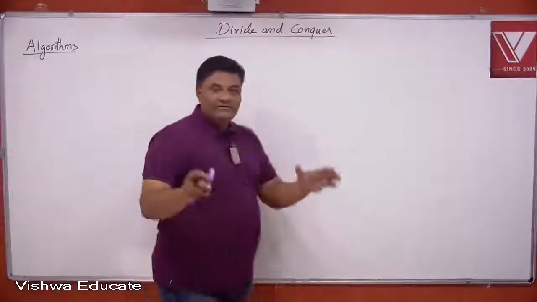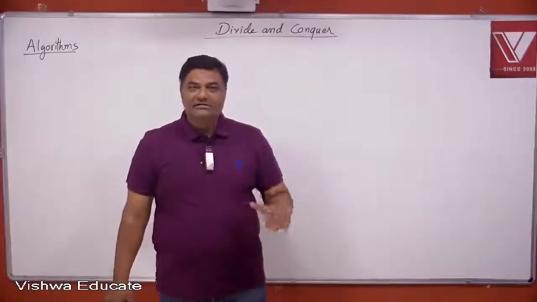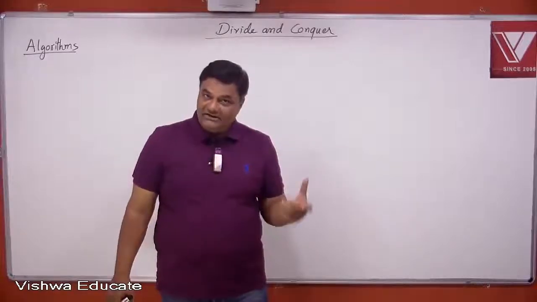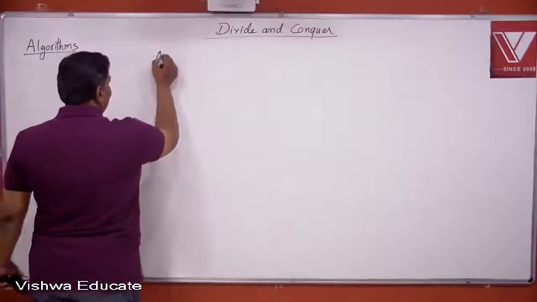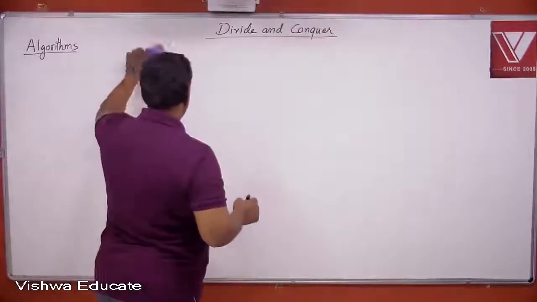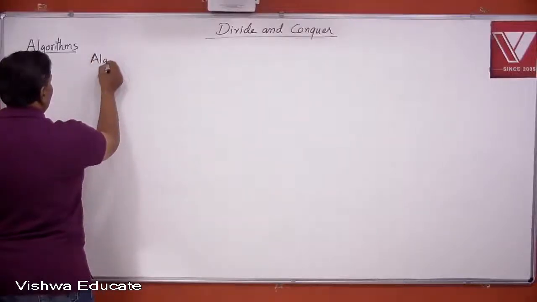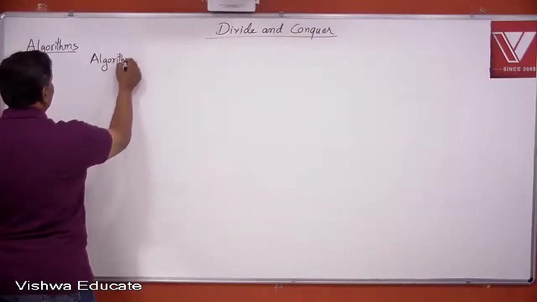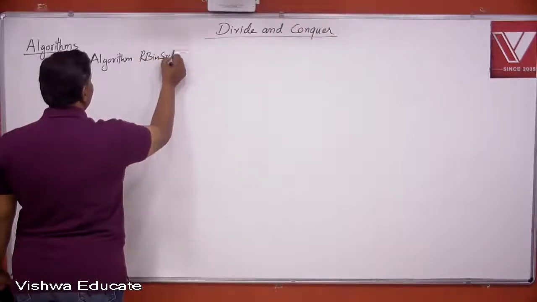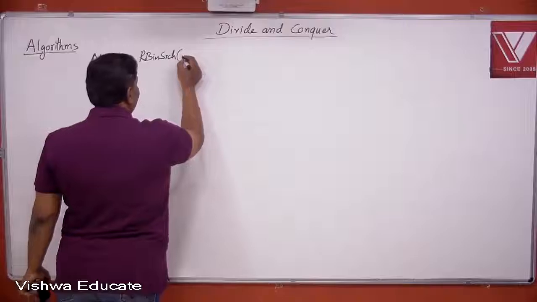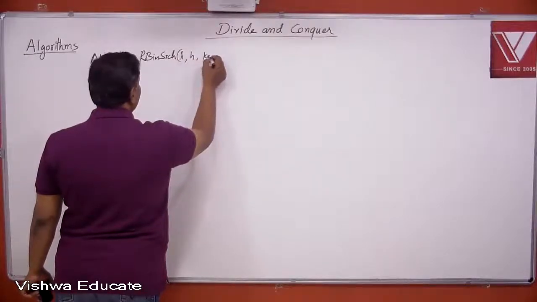We have understood what is divide and conquer. We are in the topic of divide and conquer, right? And the topics that we have to study, we already know. Now, I will write down the binary search algorithm, which is taking low, high, and key.